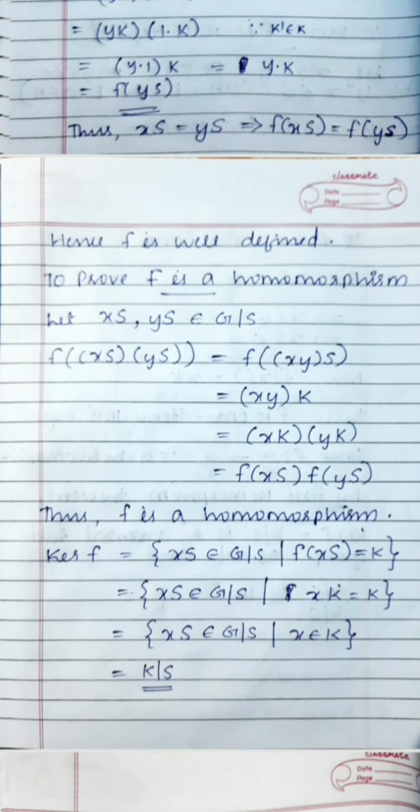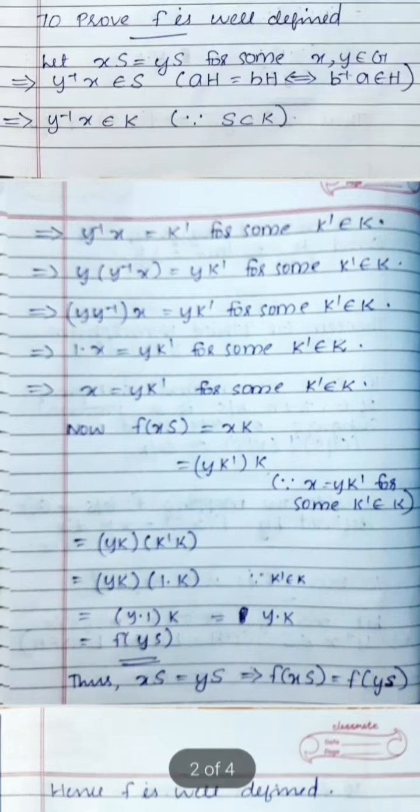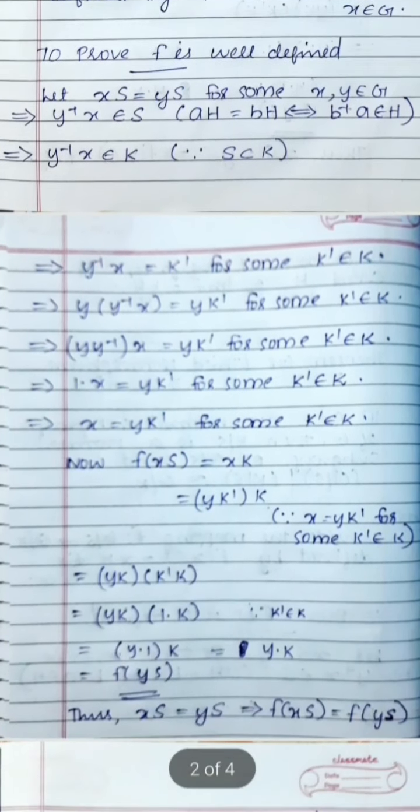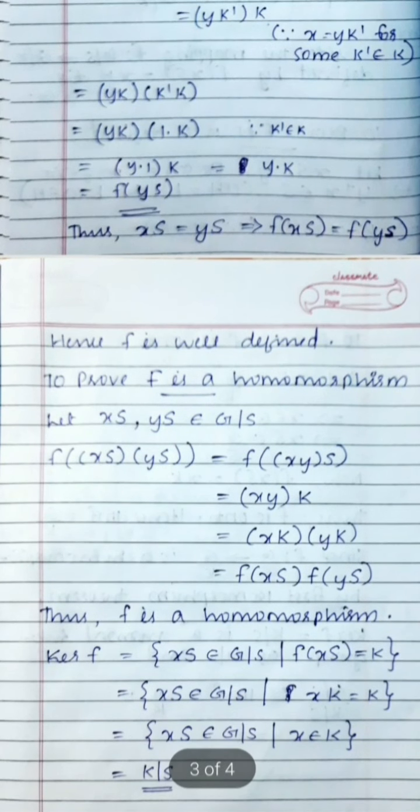For proving homomorphism, I am taking two elements xs and ys from the domain of the function, that is f defined from g by s to g by k. That is, I am taking two elements from the domain, that is g by s. So what will be the corresponding image?